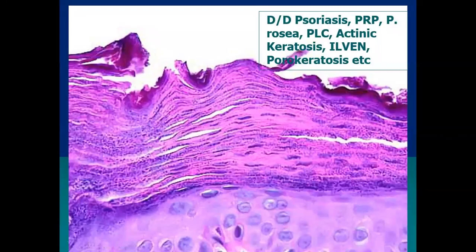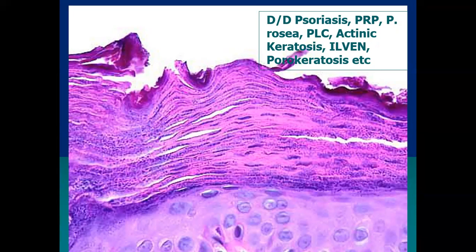If the stratum corneum is carrying nuclei, which should not usually be present in stratum corneum, because in the process of keratinization or maturation, the keratinocyte from the basal layer loses its nucleus by the time it reaches the stratum corneum, and usually stratum corneum contains dead keratinocytes, as we saw in hyperkeratosis.